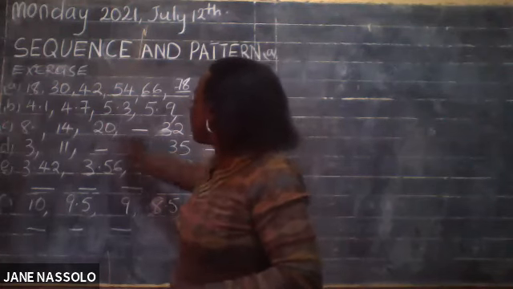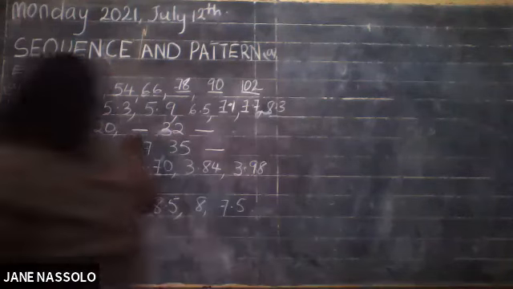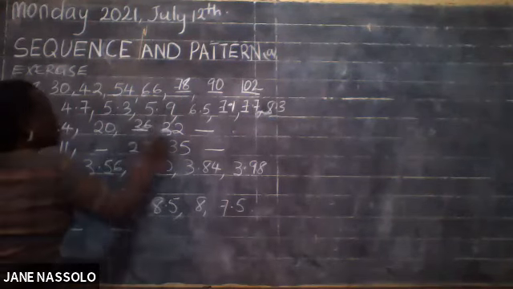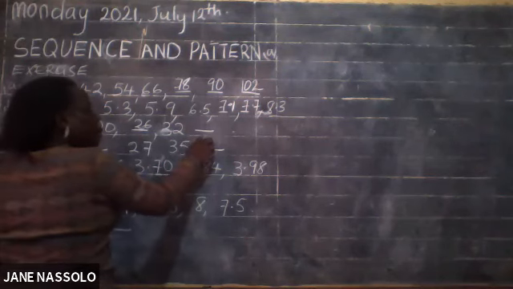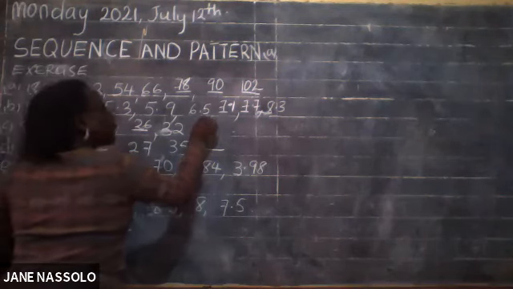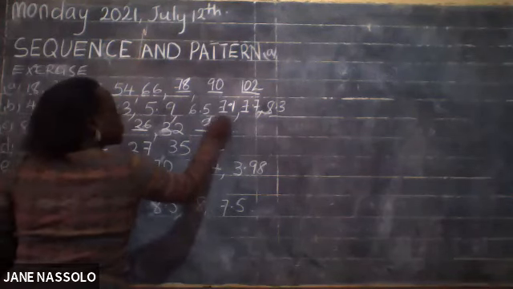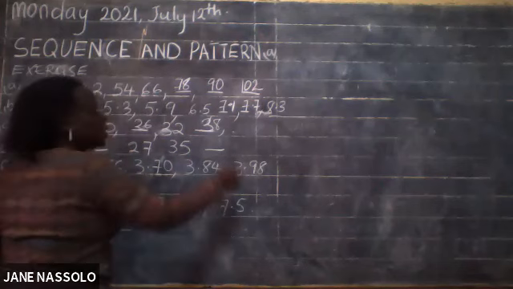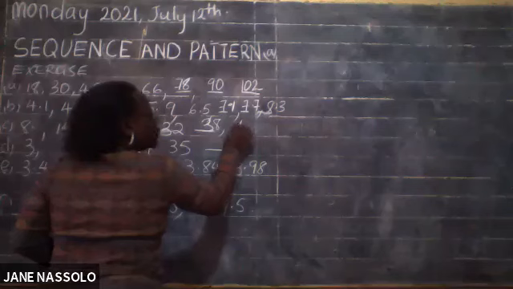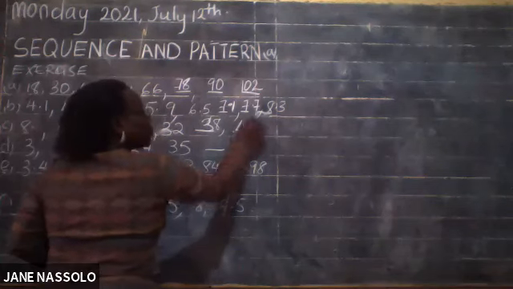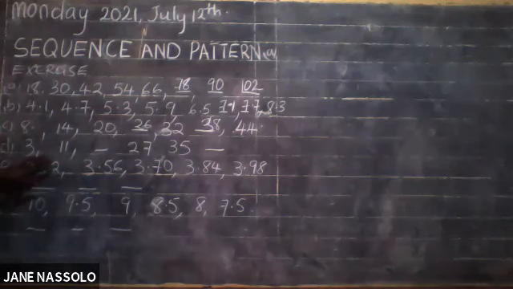And then from here, what is the next number? 26. Then here, what is the next number? 38. The next number? 44. Thank you.